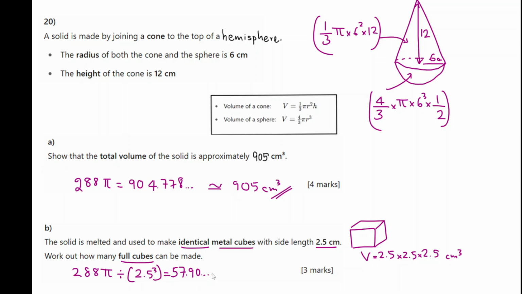So you cannot make 58 cubes. There'll be a tiny bit less for the last one. So the total number of cubes will be only 57. 57 cubes you can make.